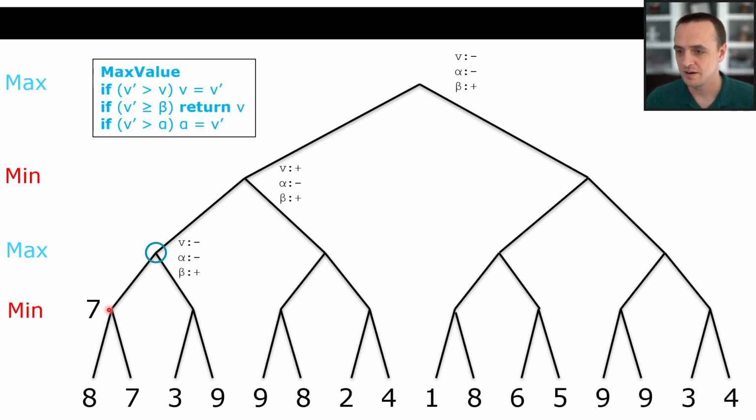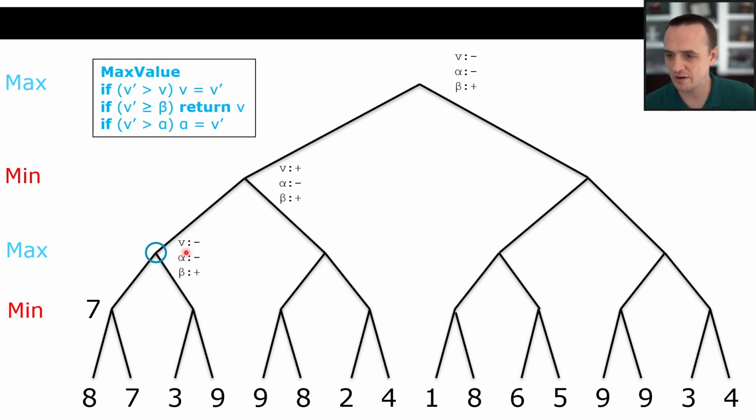So now I look at this maximizing step, right? Because the maximizer is trying to maximize over these things. So this step says, now we're trying to maximize, so we're doing greater than. Look at this value. If that's our new v prime, if that's greater than v, then v equals v prime.